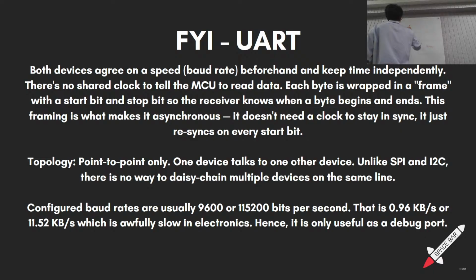How I come up with this number is because this is the baud rate, and there are 10 bits in this. So we divide by 10, multiply by 8. So just always know that the bit rate is smaller than the baud rate.